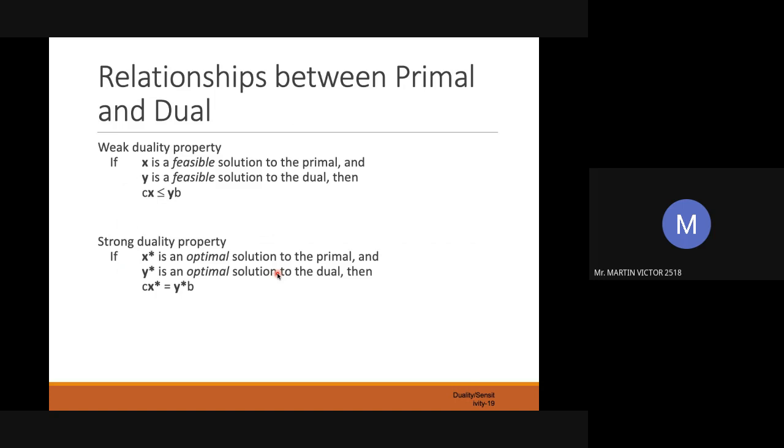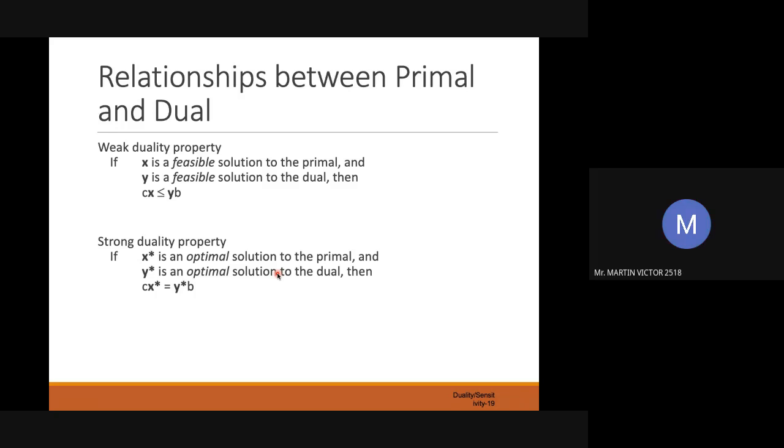Again, I think I have missed one slide. Here we have one weak duality property, and another one is the strong duality property. You can just have a look at it. If it is the weak duality property, then if x is a feasible solution to the primal and y is a feasible solution to the dual, that means our given problem is less than or equal to our dual problem.